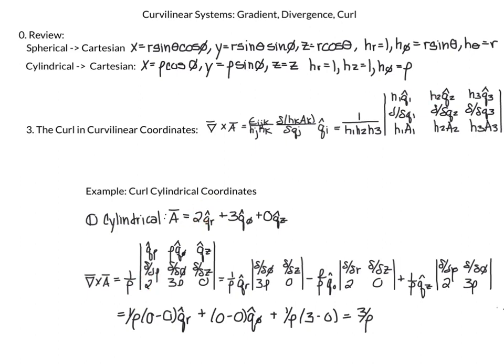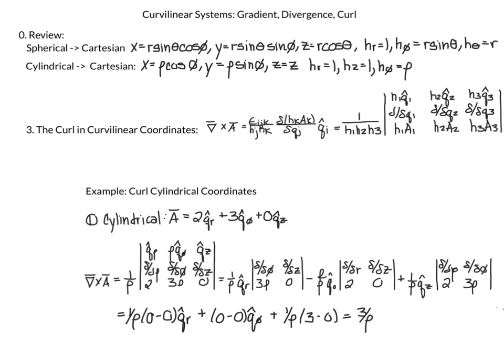Next we have h2 times the phi basis vector, so I did rho for the second coordinate, and then dd phi, and then h2, that's rho, times a2. So that's going to be rho times a2, so I'll have 3 rho.